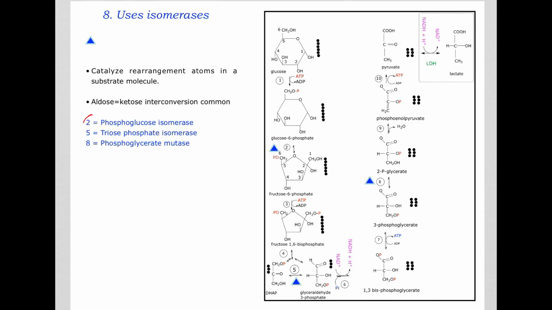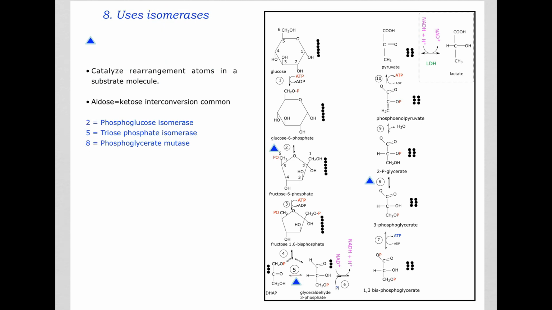Three of the reactions of glycolysis use the class of enzymes that we call isomerases. These are reactions 2, 5, and 8. Isomerases are enzymes that catalyze rearrangement of atoms in the substrate molecule.